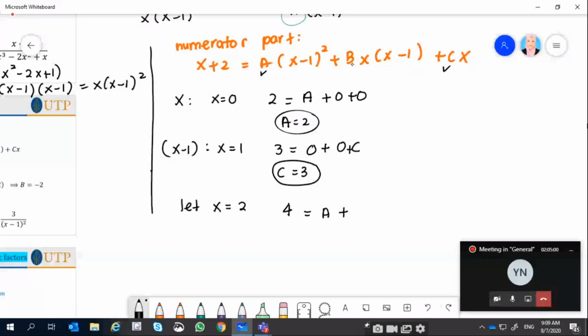Then substitute: a plus 2b plus 2 times 3, 2 times 3 is 6. And then 2b equals negative 4, so b equals negative 2.